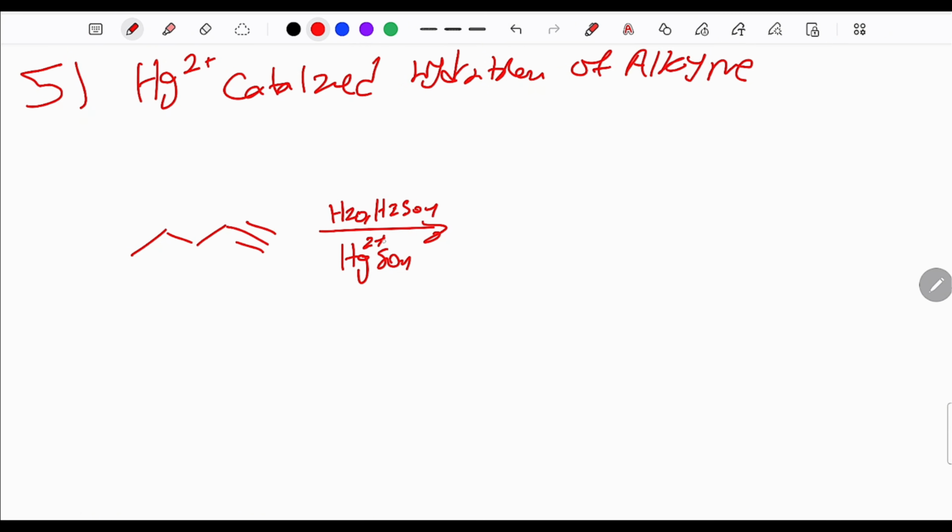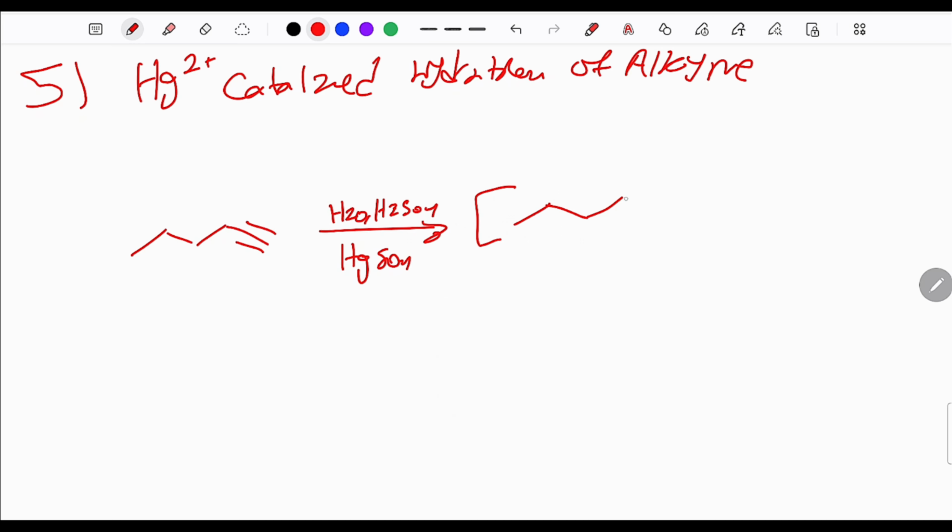We have to use mercury 2 plus because sulfate has that 2 minus charge. So that mercury 2 plus is needed there. Either way, this H2SO4 in aqueous solution will give us an intermediate that is what we call an enol.